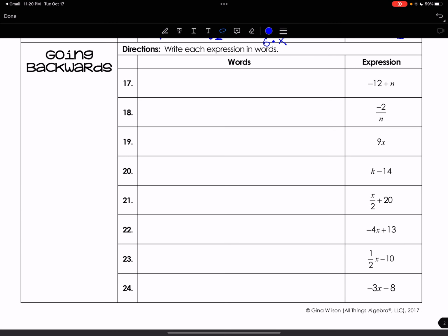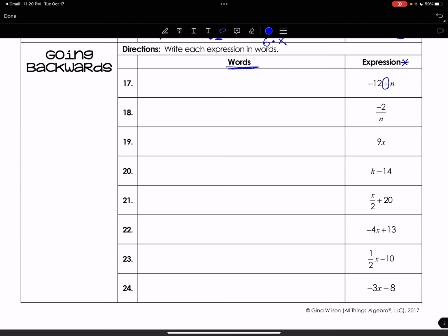Lastly, this time you're provided with algebraic expressions, and you're going to translate them into words. So the first problem. This time, again, you can try first, and then you're going to look at the answer later.